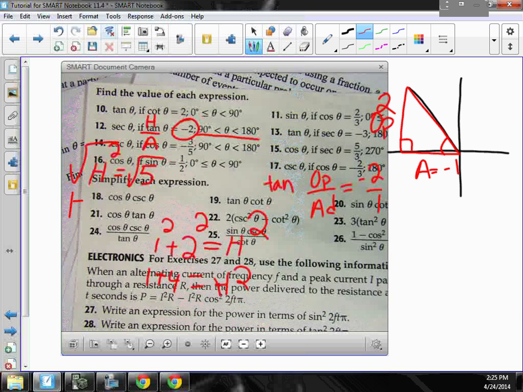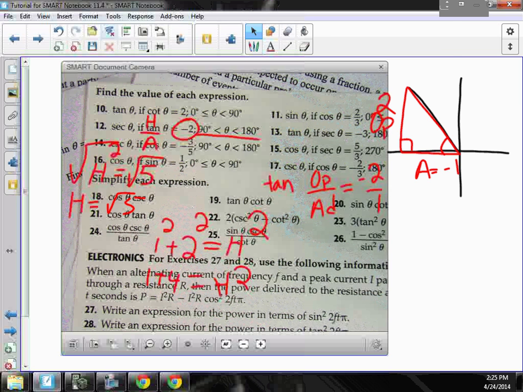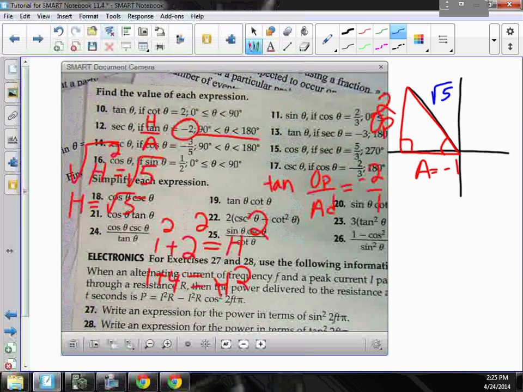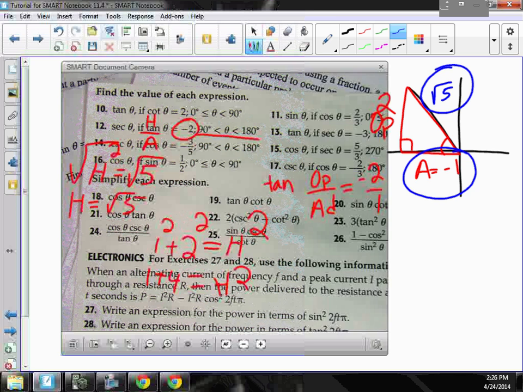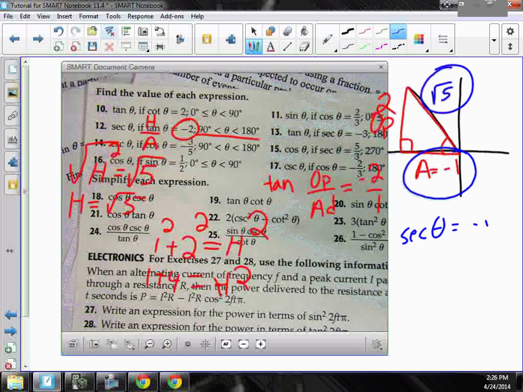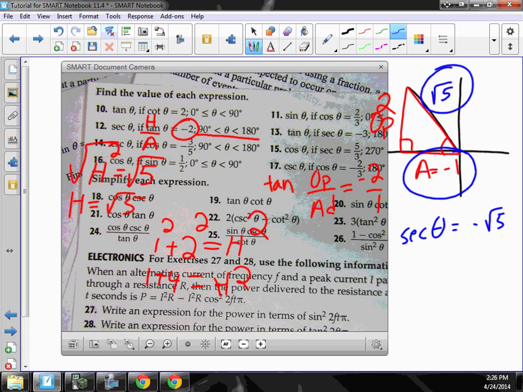So h is √5. So I can go back to my triangle and label it as √5. And the secant is h over a, which gives me -√5, or -√5 over 1. Either way, that works.